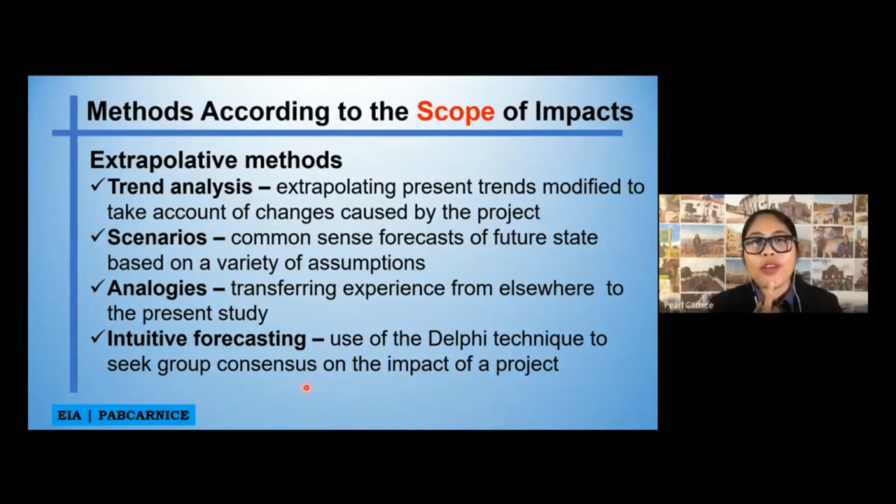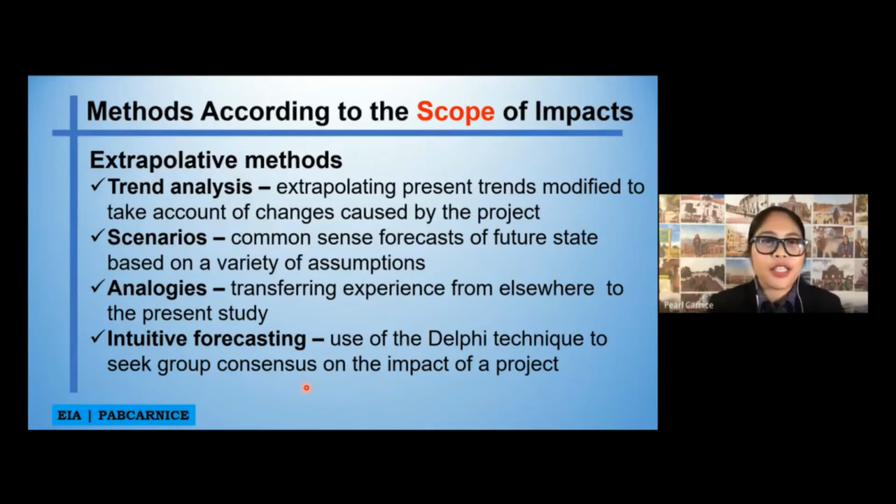We also have scenarios, which are common sense forecasts of the future state based on a variety of assumptions. So with the scope of impacts, we can have, for example, scenario 1, with this assumption and this possible impact of the project or activity. This is scenario 2, and then we can make an assumption as to what will be the possible impact of the certain project or activity.